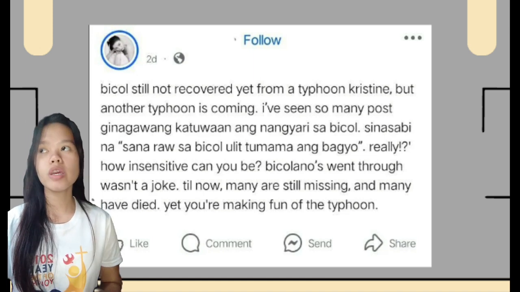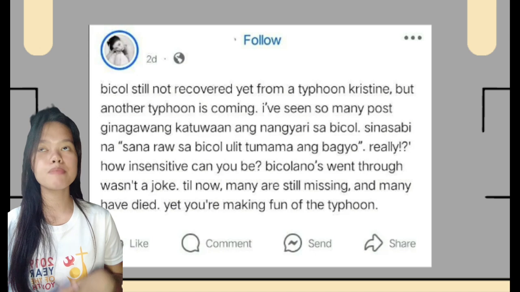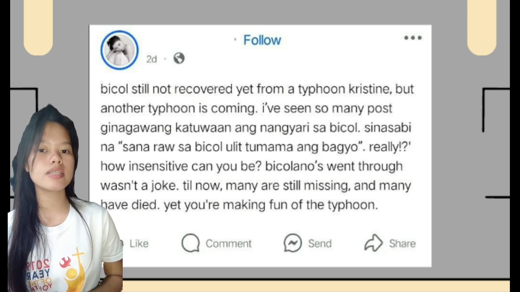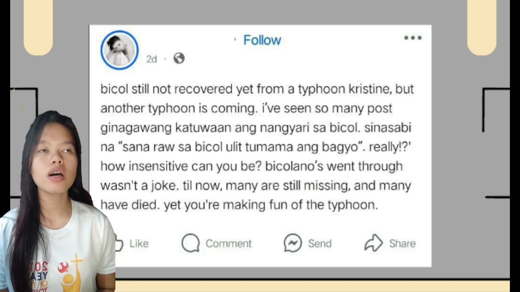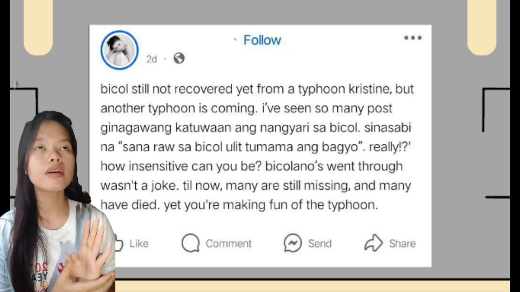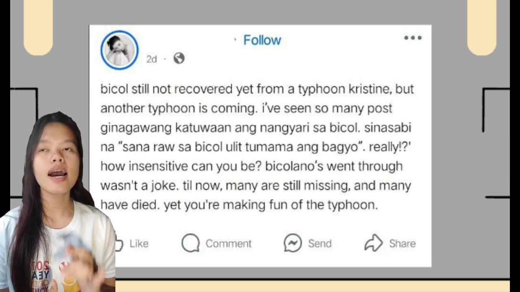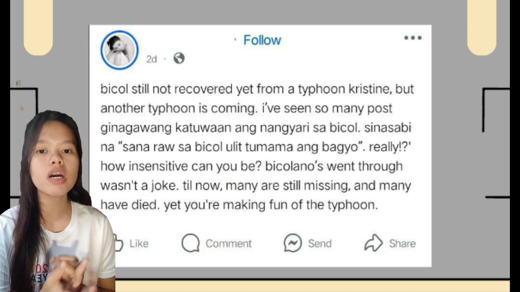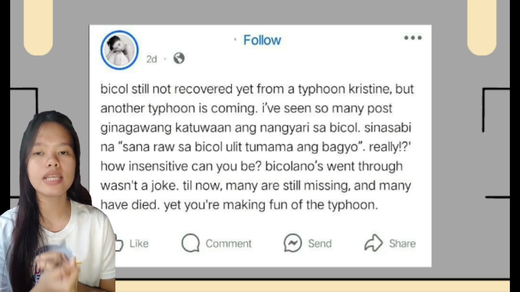So here is the last example. As you can see on the screen, it is a social media post where someone is posting her opinion about Typhoon Christine. So to evaluate this post or this message, we have to go under the four main qualities for an effective message. As I can see in this post, I can see here the simplicity of the message because it is straightforward and easy to understand.